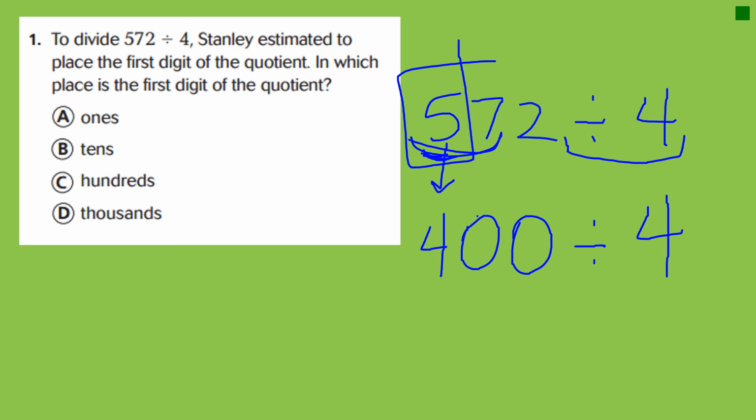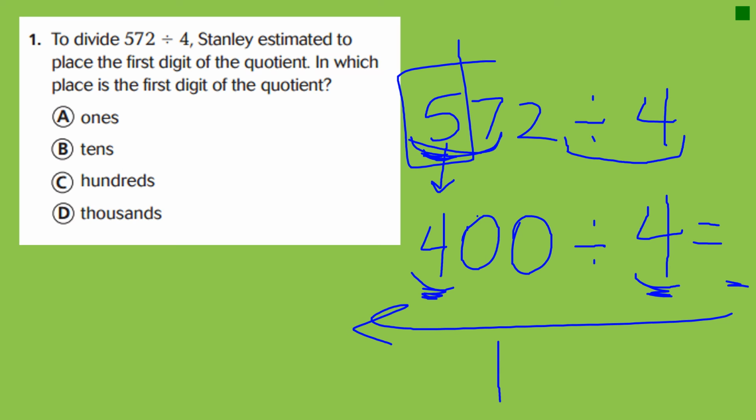Okay? So what's 400 divided by 4? Well, what's 4 divided by 4? How many? And remember, you can go backwards, like what times 4 is 4, right? You can go this way if you want. So, of course, 1 times 4 is 4.